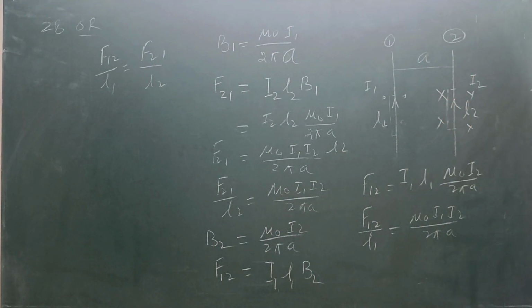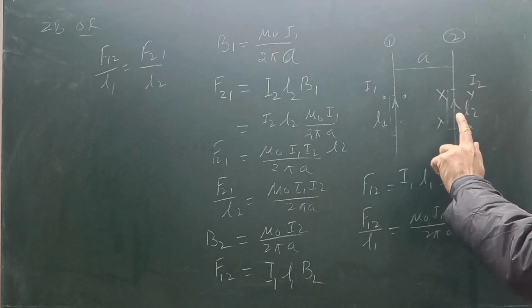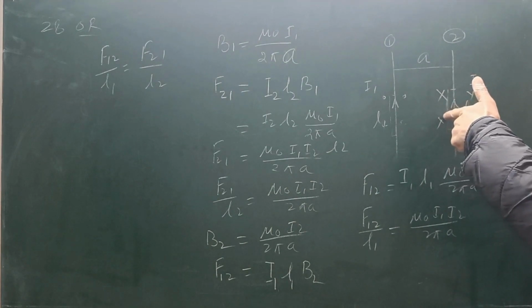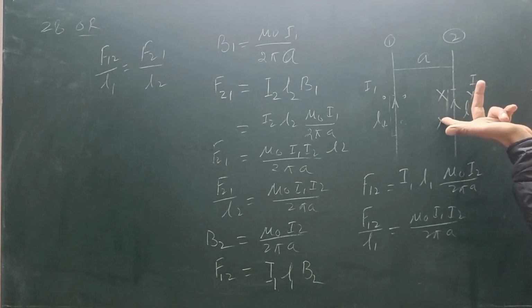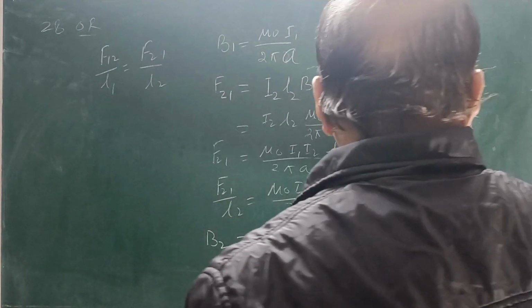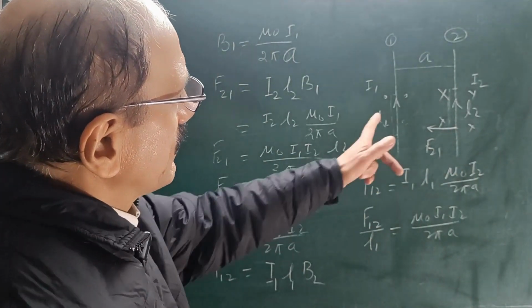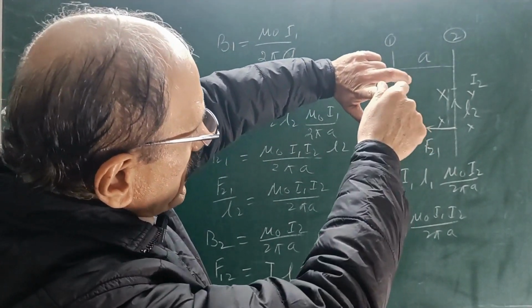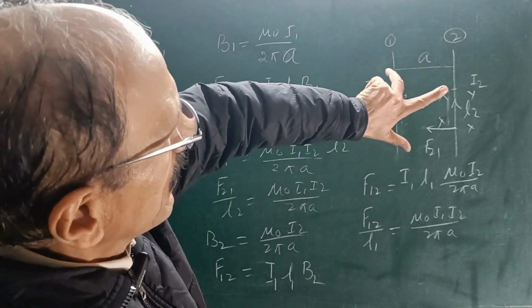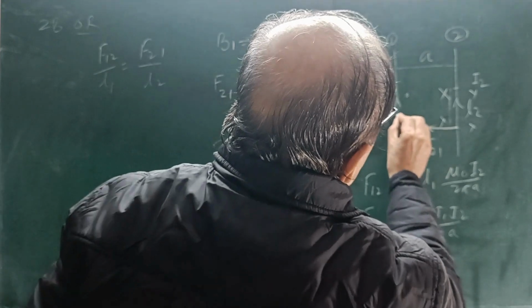Now Fleming's left hand rule. If this is the magnetic field, inward, and this is the direction of the current, so the force is in this direction. So this force is the force on 2 due to 1, that is this way. Similarly here the magnetic field is in this direction and current is this side, so the magnetic force will be in this direction.